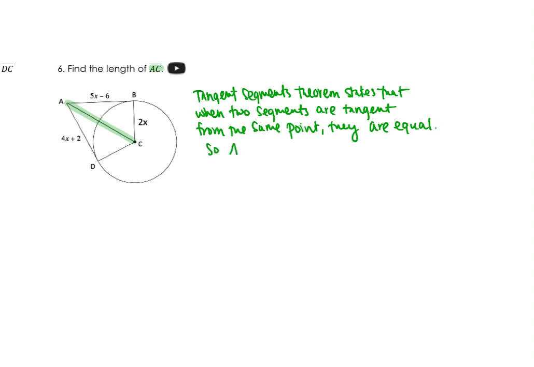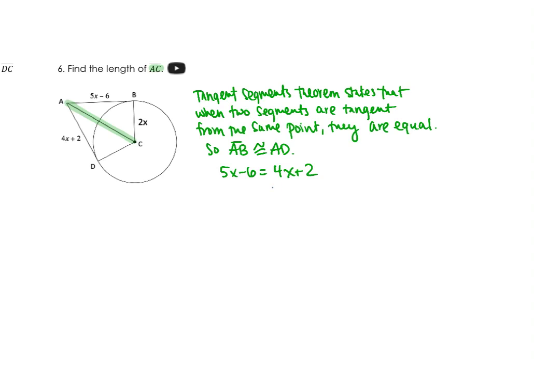So that means AB is congruent to AD. So that means we can set AB, which is 5x minus 6, equal to AD, which is 4x plus 2.